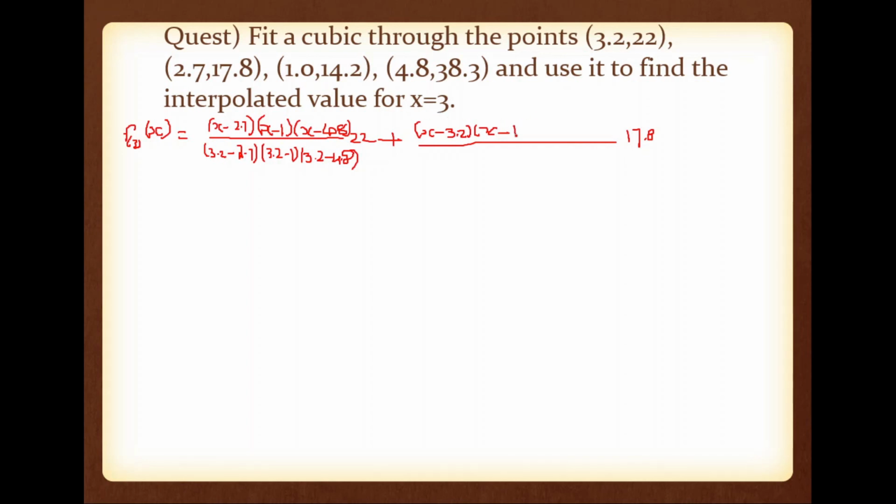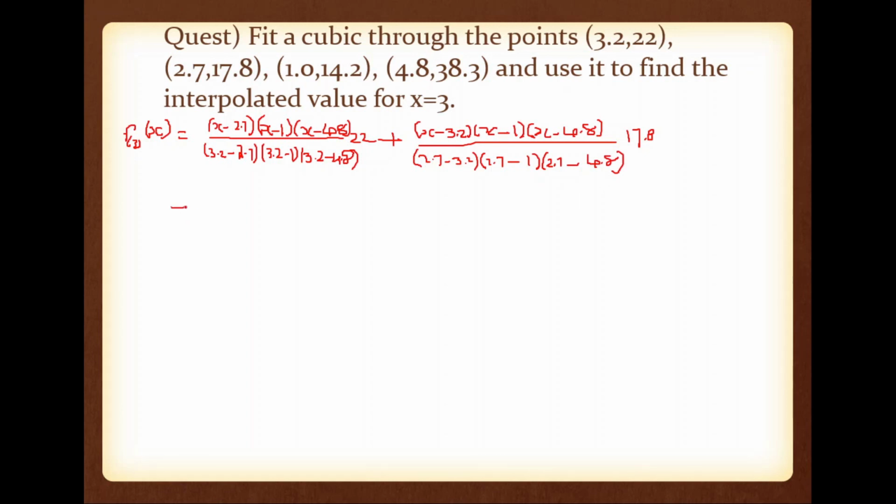Next one is x minus 1 into x minus 4.8, divided by, what about the denominator? Replace x with 2.7. So 2.7 minus 3.2, then 2.7 minus 1 into 2.7 minus 4.8. So this is corresponding to 17.8.